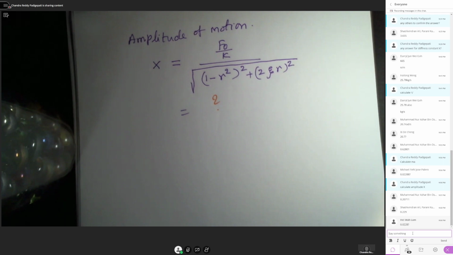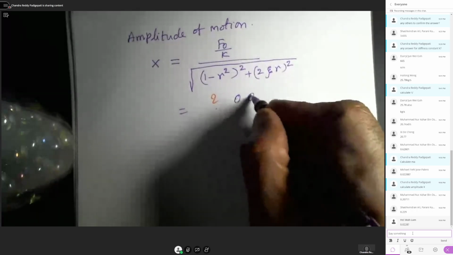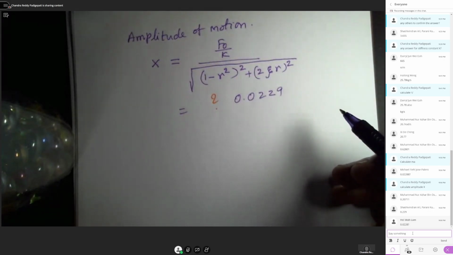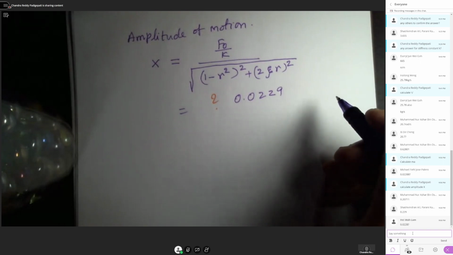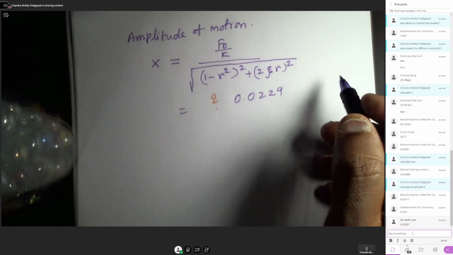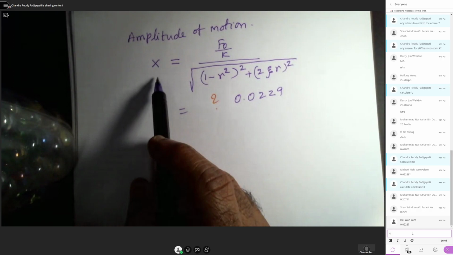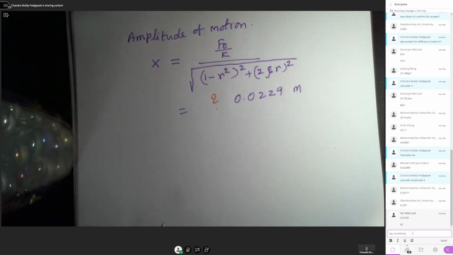Yeah, that's correct, Shashivendran and Eva and Michael. So you will be getting about 0.0229. So you must tell the unit. So you're measuring amplitude, amplitude will be meters. Newton is force.